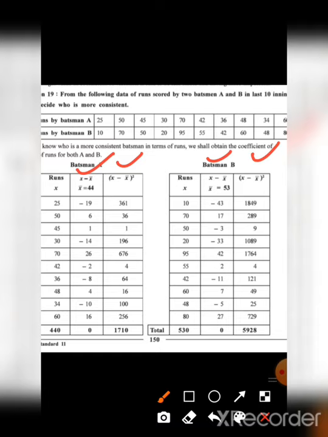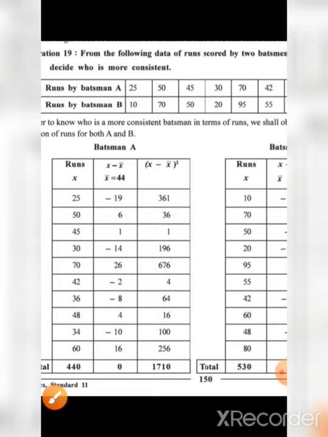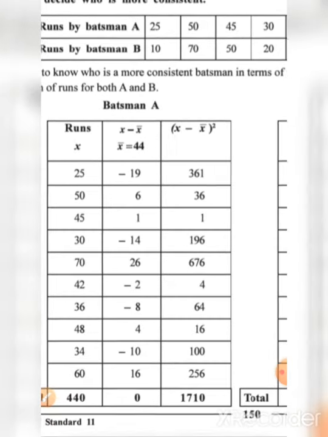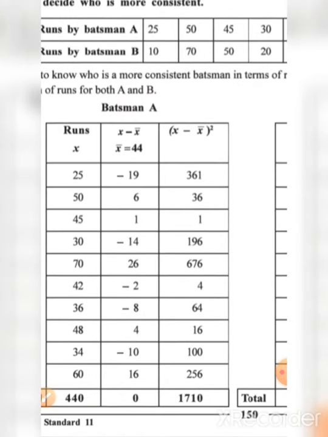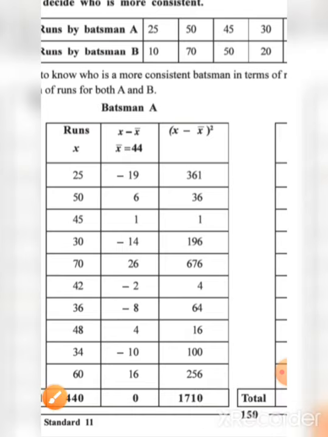Now I will be showing the calculation for only batsman A. The calculation for batsman B will be the same. So see the calculation of batsman A, I will just zoom it for you.